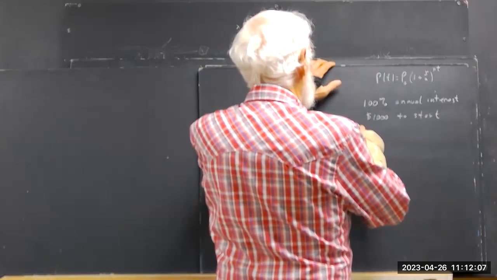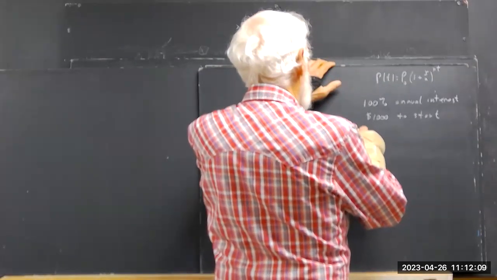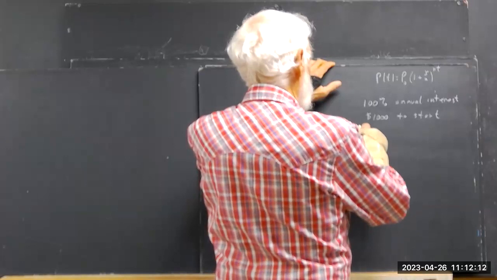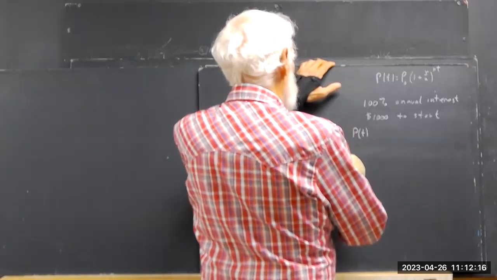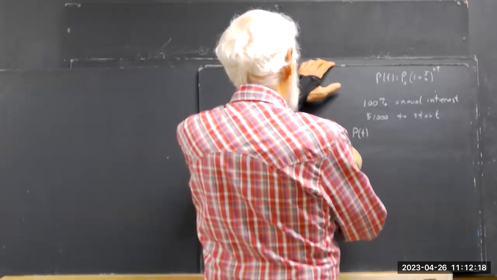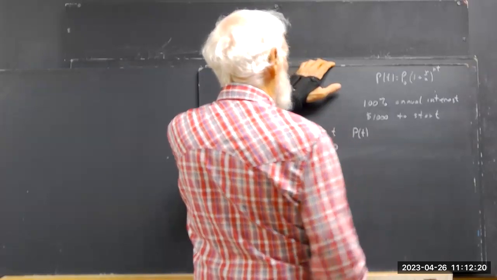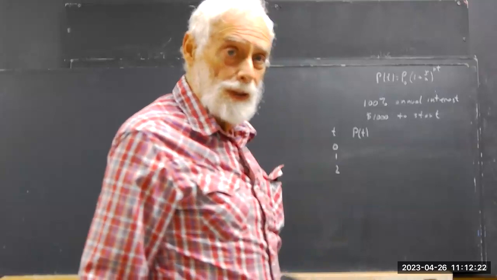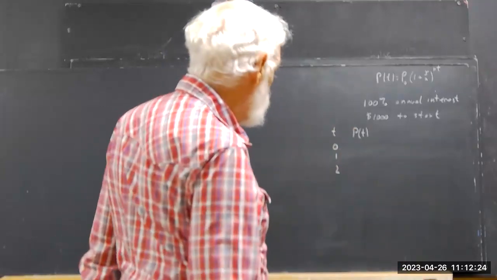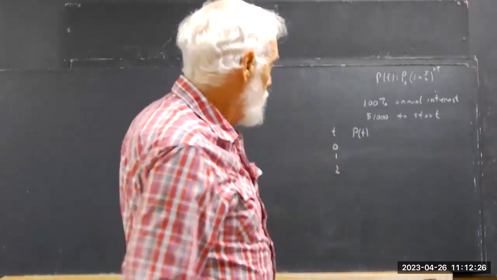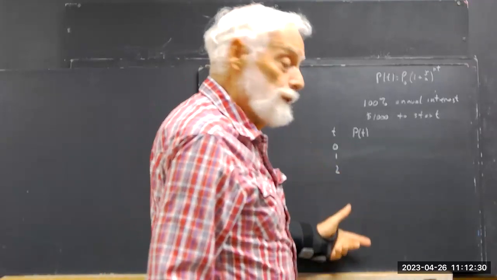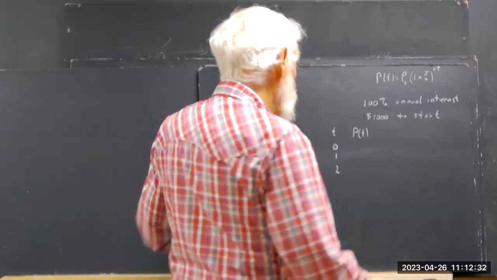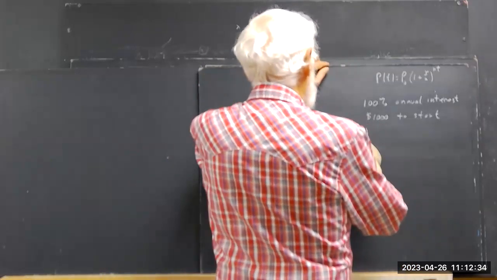So you would have your principal, which I'll call P, then you have your time. We'll just do 0, 1, and 2 years, because at that point we'll be able to easily conjecture what you're going to have after n years. So we start with $1,000.